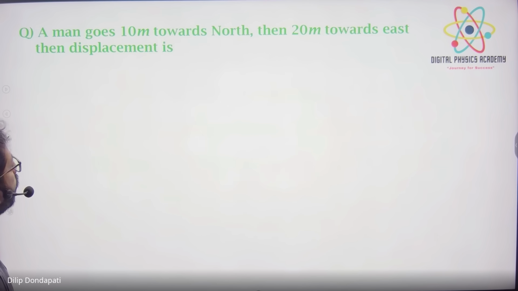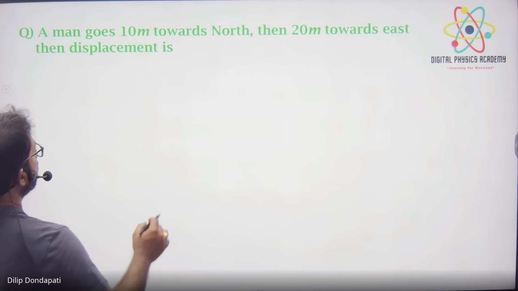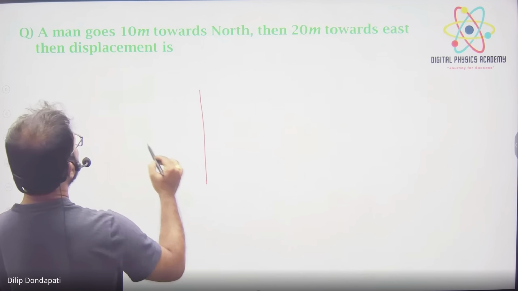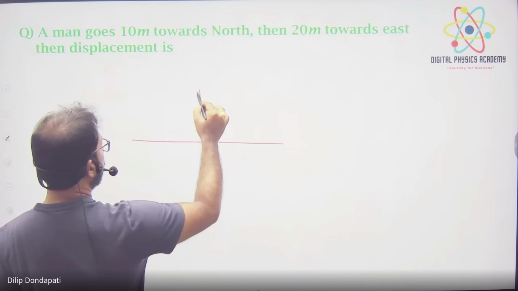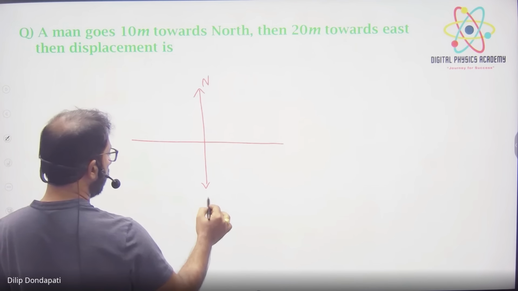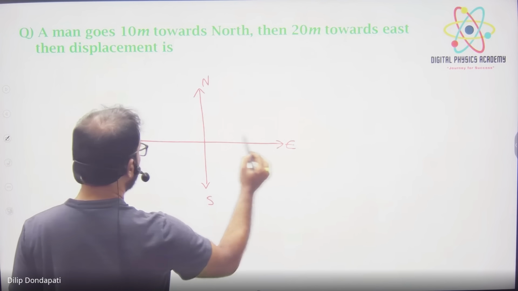A man goes 10 meters towards north and 20 meters towards east. Then the displacement is to the north, south, east, west.